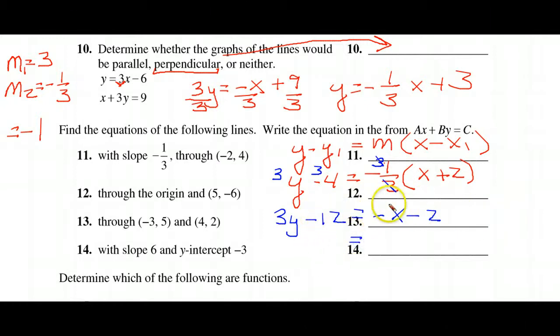A -12 on this side becomes a +12. 12 minus 2 is 10. We transpose this -x to this side. That gives us a +x. And there we have this with this slope going through this point in standard form. And that was my procedure.